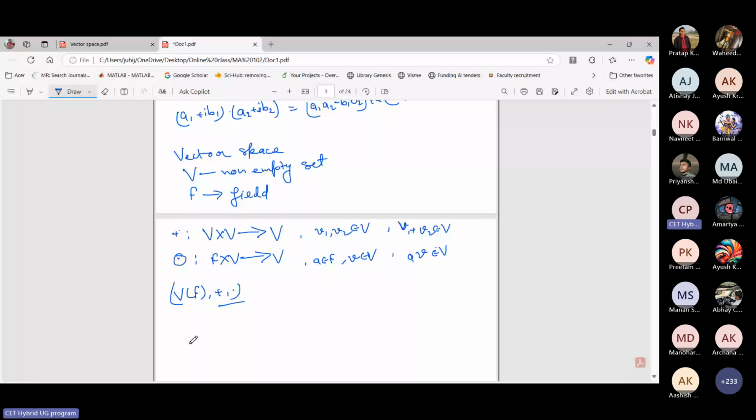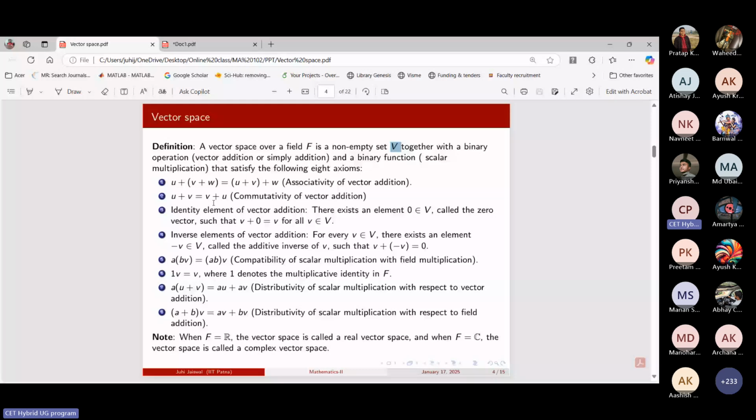Now let us see what are the remaining 8 properties which should be satisfied. First one is again associativity with respect to vector addition. This means if we have 3 vectors u, v and w, then either we add u to the resultant of v plus w or we add w to the resultant of u plus v, both must be same.